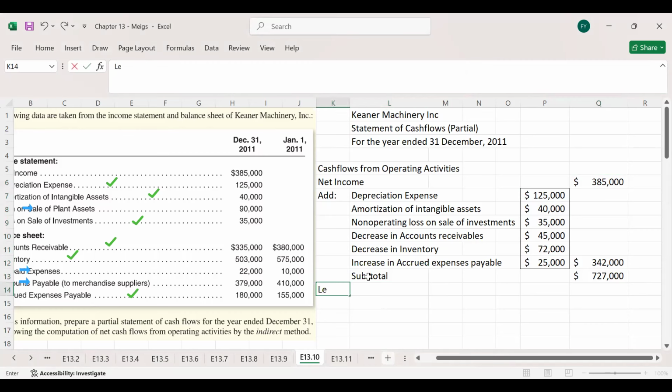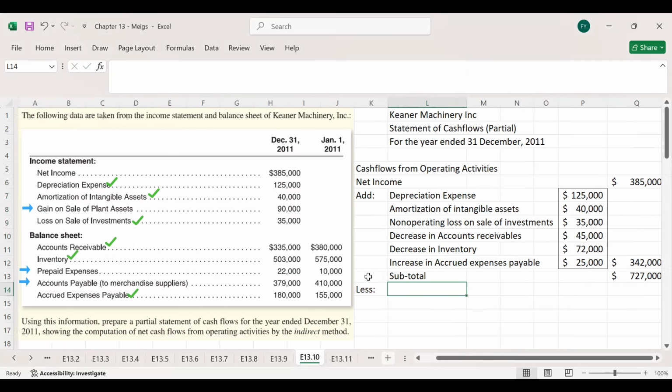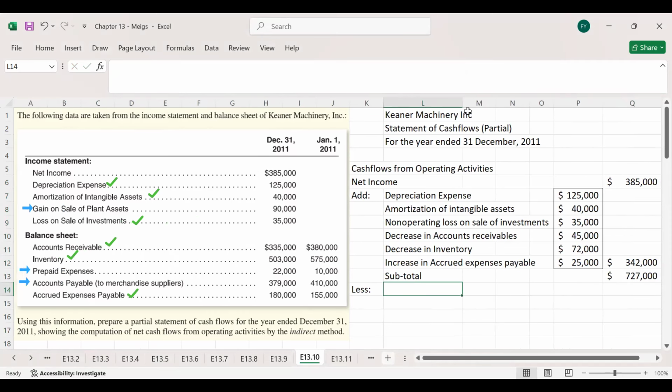And then in the last, we are going to subtract all the remaining adjustments. So what do we have remaining? We have gain on sale of plant assets. So first of all, we have non-operating gain on sale of plant asset, and the total gain is $90,000.